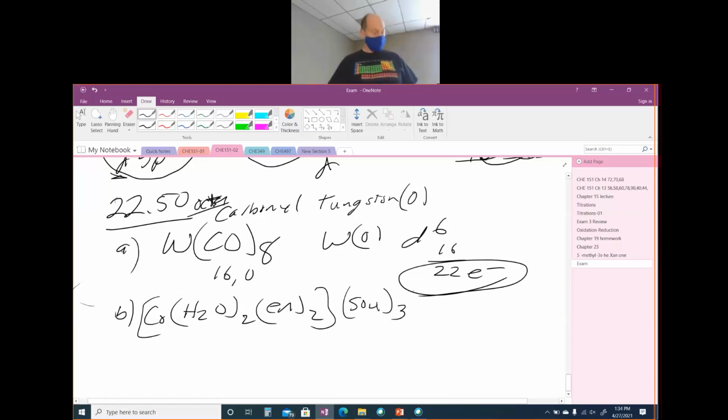All right, so SO4 is a sulfate, which is -2. So you have to know SO4 is sulfate, it's -2. We have 3 of those, so that's -6. So that makes this complex a +6. Water is neutral, ethylenediamine is neutral, so the cobalt is a cobalt 6.